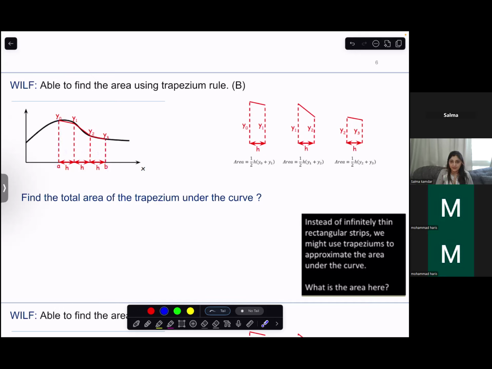My first strip is this one, my second strip is this, and this is my third strip. I have broken it down. If you see, this is the h, the height of each one. What do you notice about the height of each of these strips?